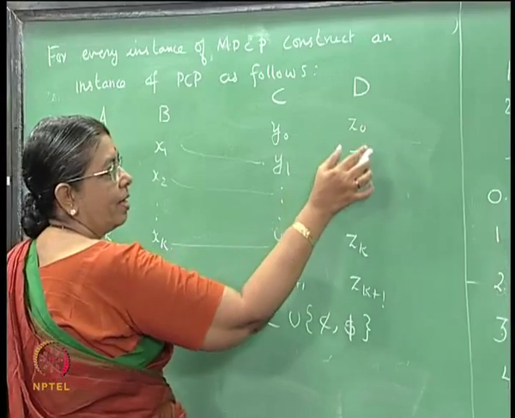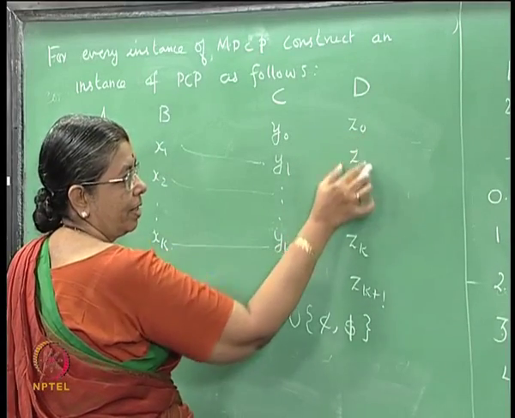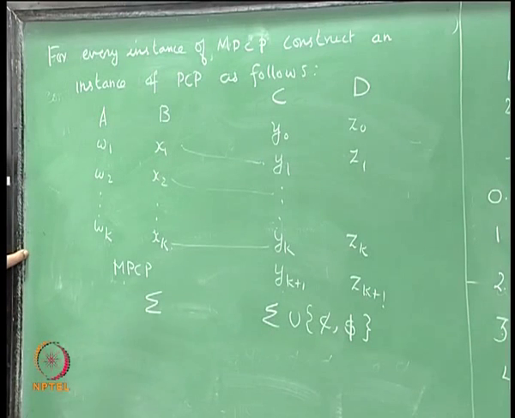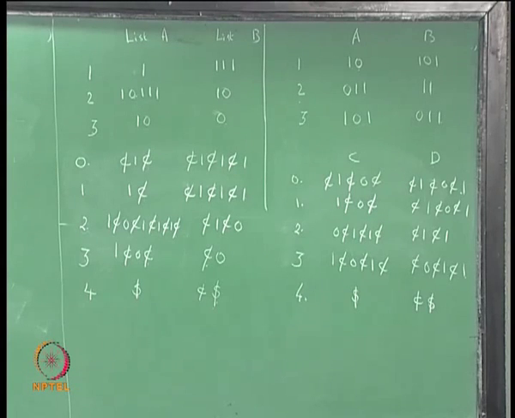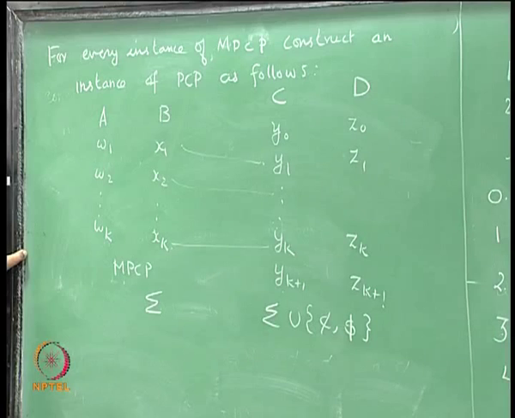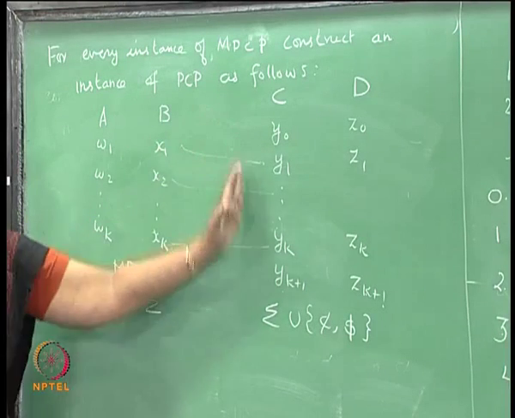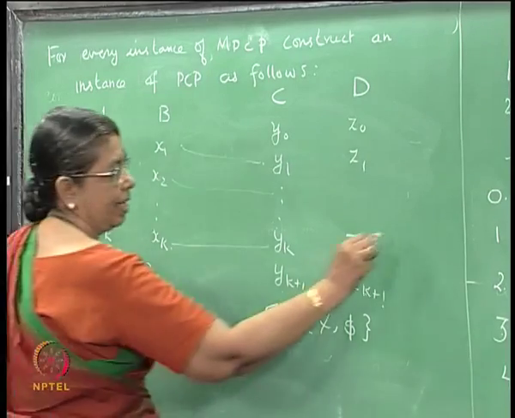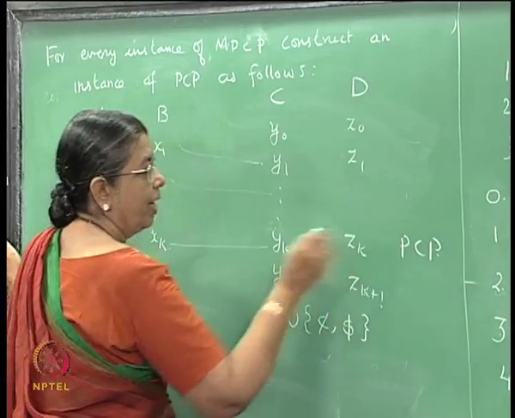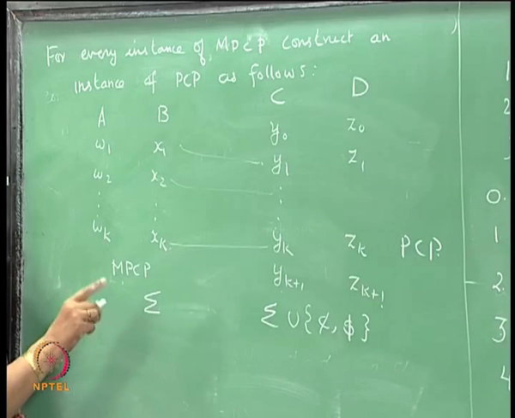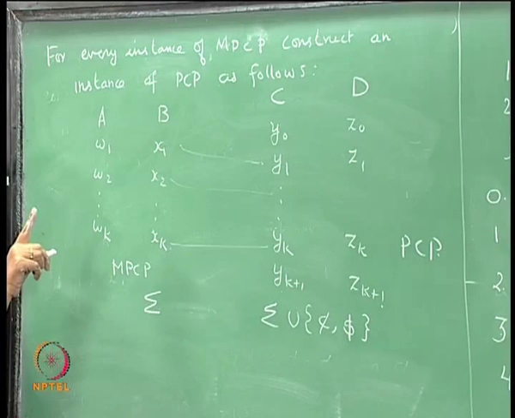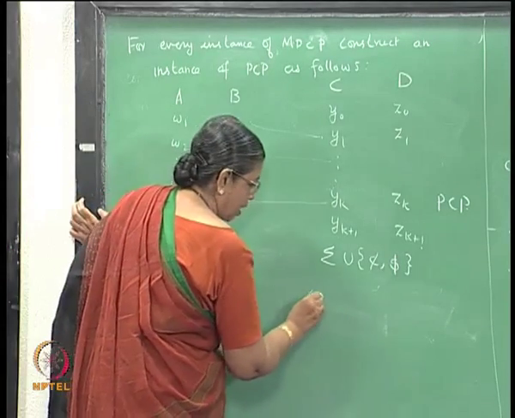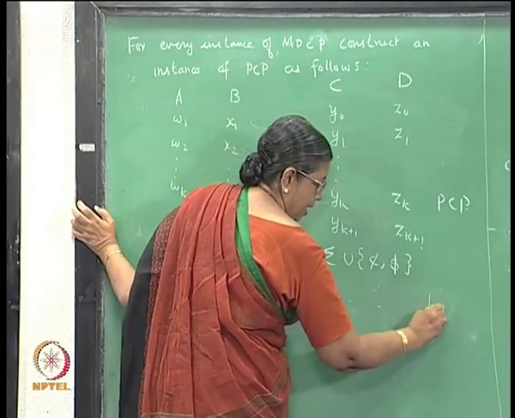Y0 and Z0 are such that Z0 and Z1 are the same, but Y0 is Y1 with one more cent symbol in the beginning. If you look at this as a PCP, this is MPCP, this is the PCP we have constructed. Then the solution has to start with 0 and end with k plus 1.